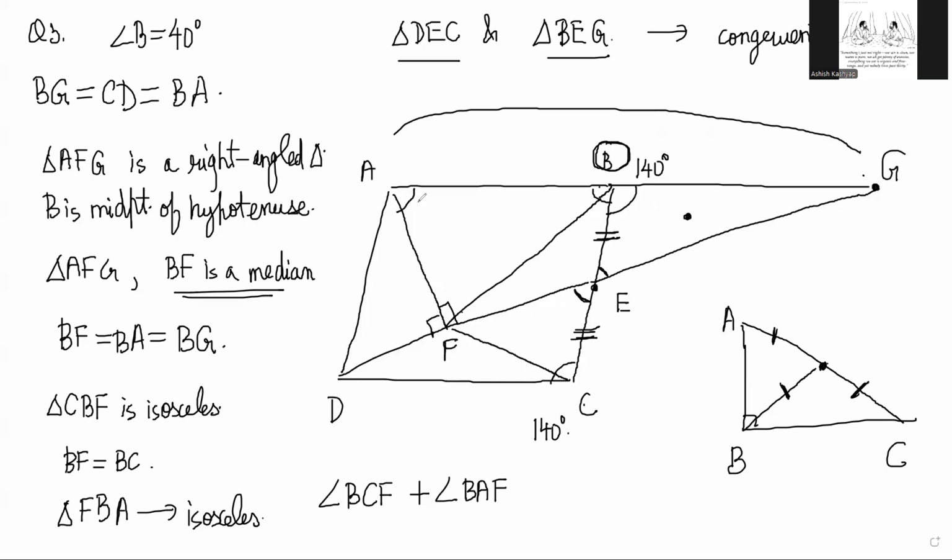What we know is this angle is X and this angle is X, right? And what we also know is that this angle is Y and this angle is Y. Correct? So when I say BCF, I'm saying Y and BAF, I'm saying X. Y plus X is equal to this Y plus X, right? So clearly that is equal to angle CFA.